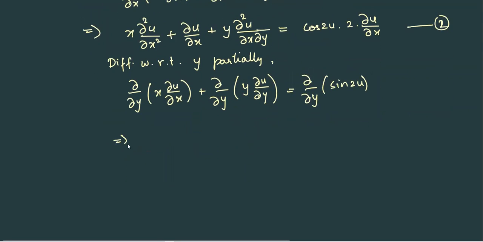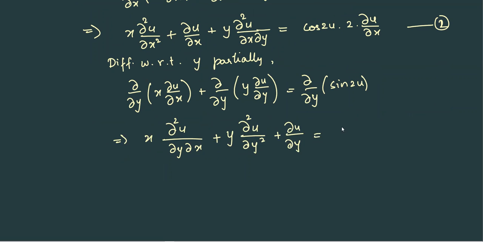What we get is x ∂²u/∂y∂x plus y ∂²u/∂y² plus ∂u/∂y is equal to 2 cos 2u ∂u/∂y. This is 3.